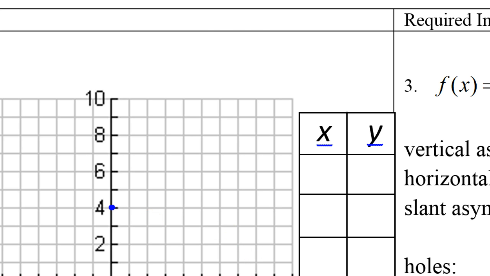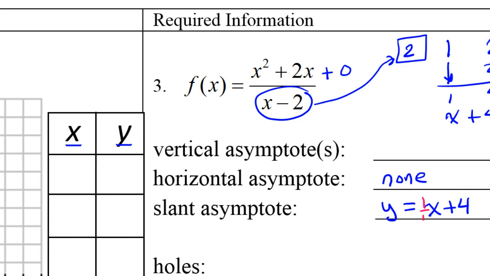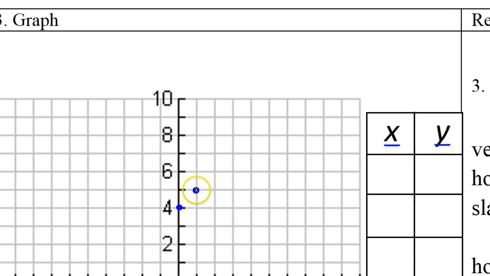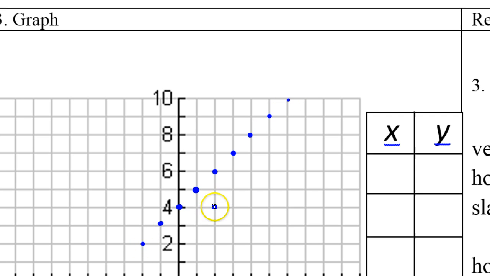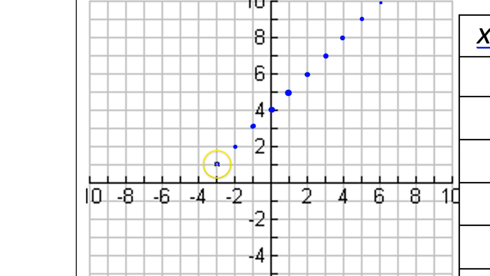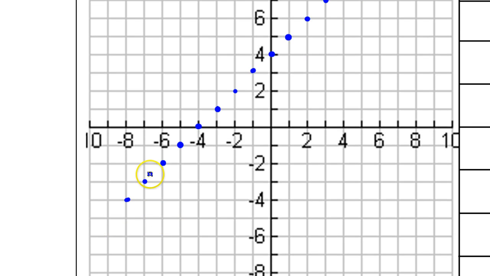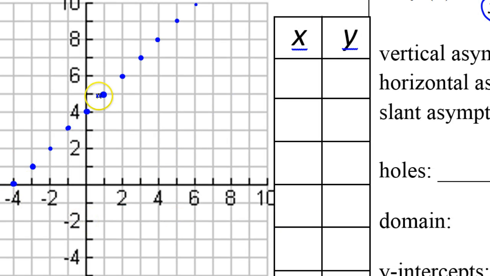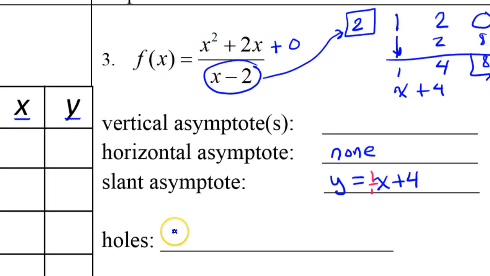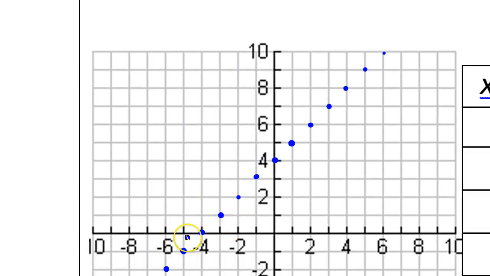And then because the slope is 1 over 1, that means my slant asymptote will go up 1 over 1 like this. Alright, so in fact these dots are so close together that I'm going to use these dots to go ahead and represent my slant asymptote. Normally I make a dotted line or a dashed line, but this basically is a dotted line. I mean, it's literally a dotted line. Okay, so there's my slant asymptote right there.